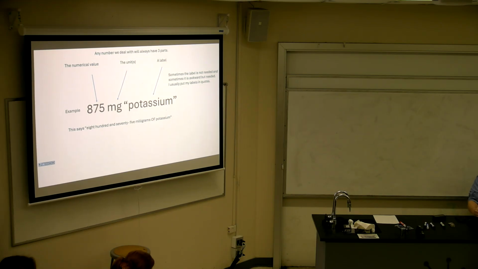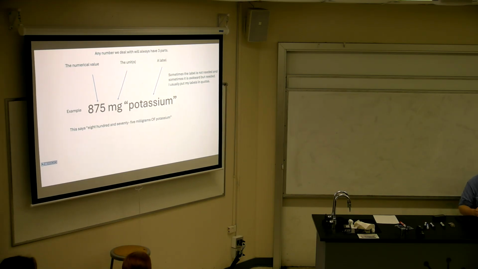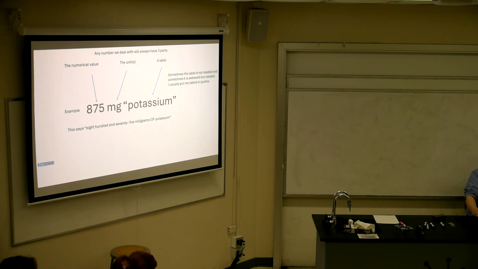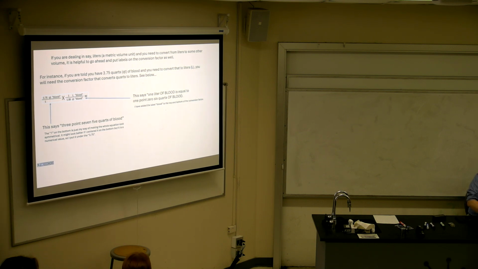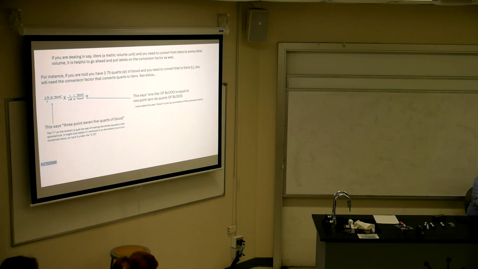And then what's just to the right of that is units, that's milligrams. And it's generally helpful to have a label there that tells you what: 875 milligrams of what? Well, potassium in this case. Sometimes it's a little weird using a label. Sometimes it's not even needed, but I always try to put one in just to stay consistent.